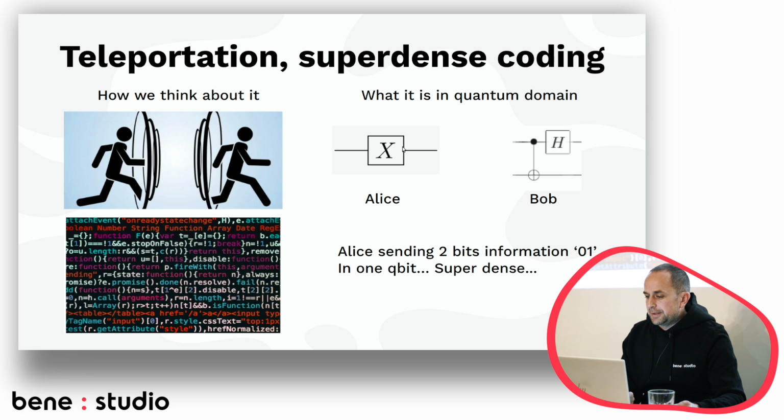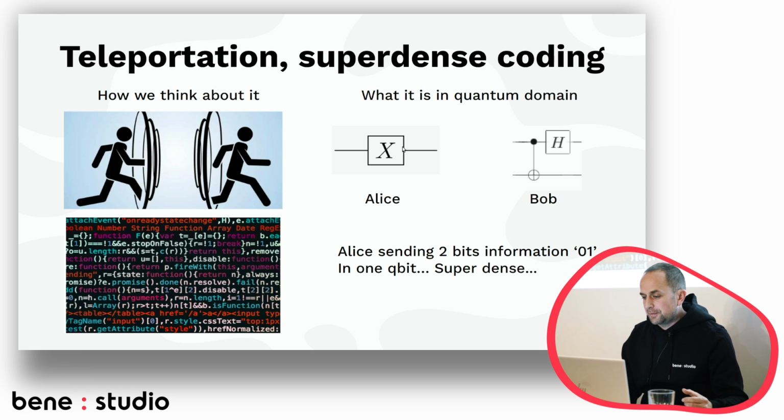Superdense coding means that Alice can send 2 bits of information, let's say 0, 1, with 1 qubit. So that's why it's super dense. It's twice dense. It sends 1 qubit, but the information is twice.